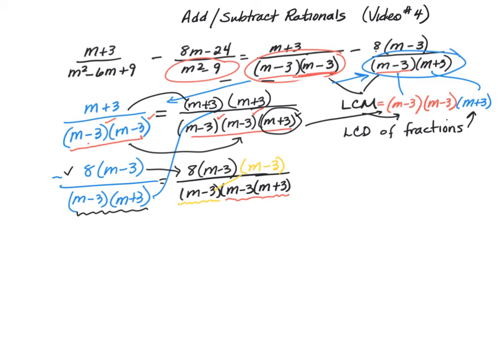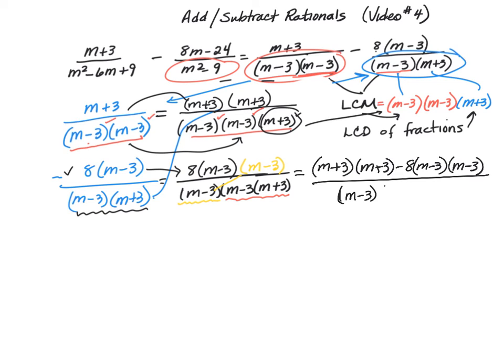So this is a busy page at this point. The next step that I'm going to do is combine them all together. I'm going to say m plus 3 minus 8 times m minus 3 times m minus 3. And all of that goes over m minus 3, m minus 3, and m plus 3.